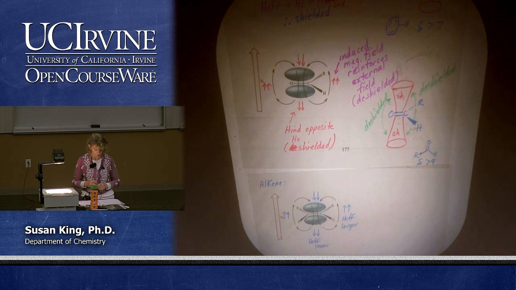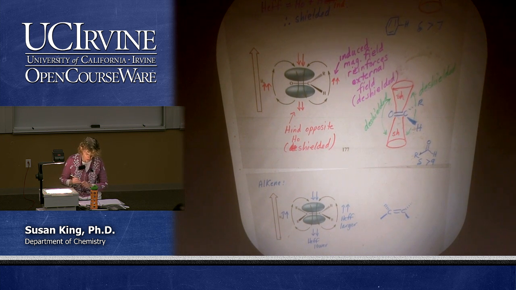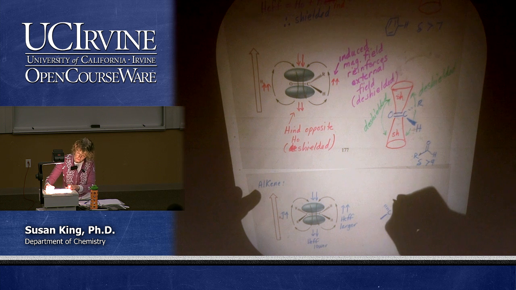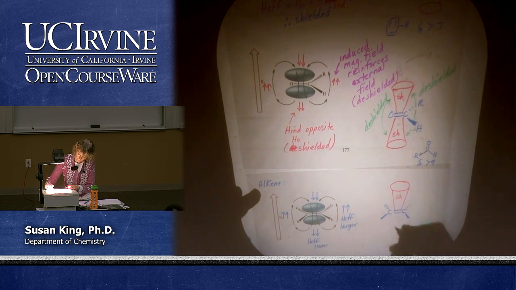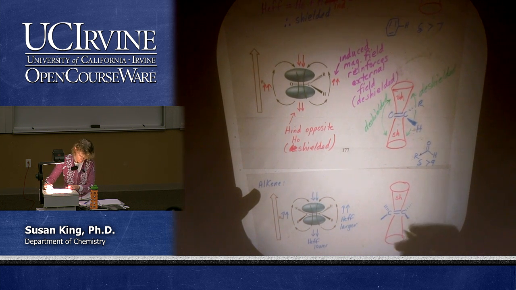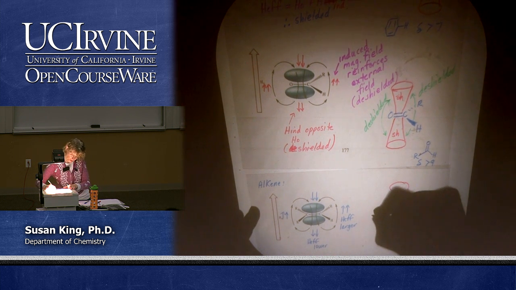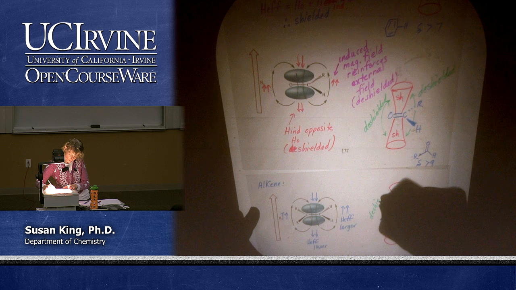When H effective is larger, it's de-shielded. So for an alkene, we have the same idea going on here. Here's our carbon-carbon double bond, again laying on its side. So we're going to draw dashes and wedges. It's kind of perpendicular, floating above your page. And the shielding cone is right here. Of course, outside this cone is de-shielded.